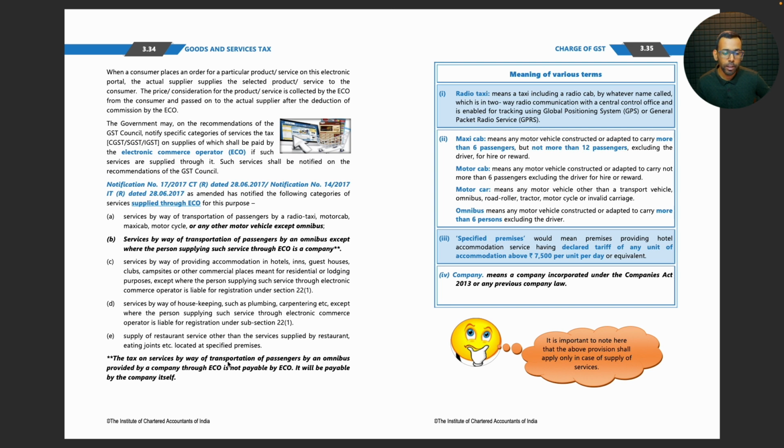Tax on services by way of transportation of passengers by an omnibus provided by a company through the ECO is not payable by the ECO. It will be payable by the company itself. I think this one is the RedBus, AbhiBus thing. There are lots of buses that register themselves under RedBus.